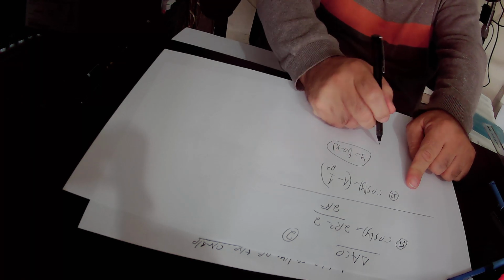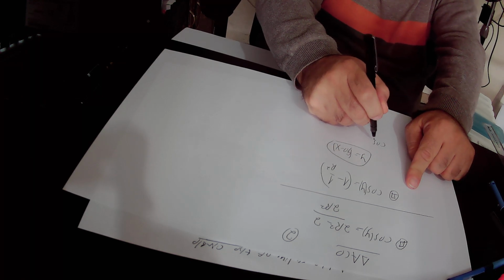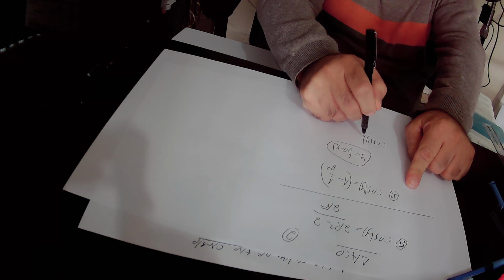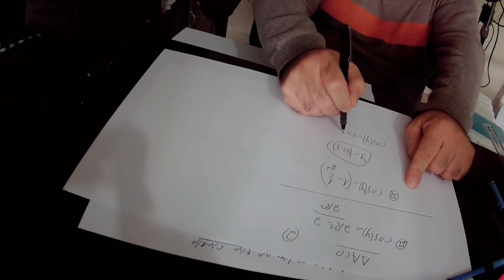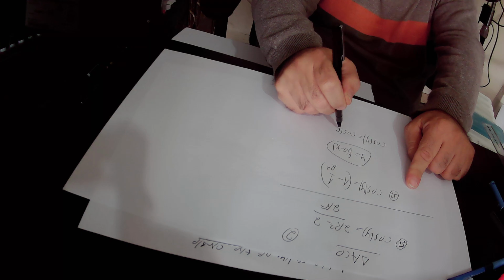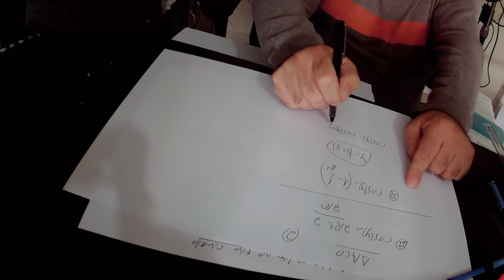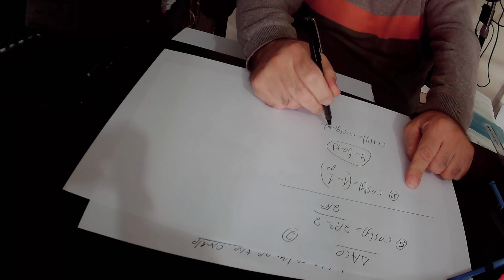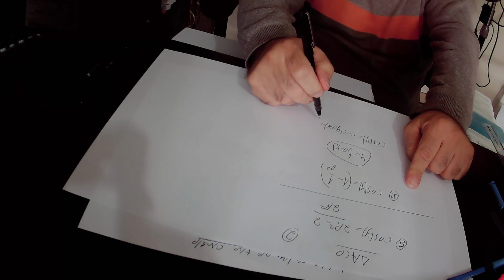So cosine y equals cosine 90 degrees minus x, and cosine 90 degrees minus x equals sinus x.